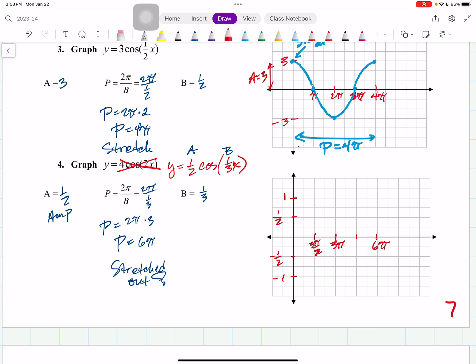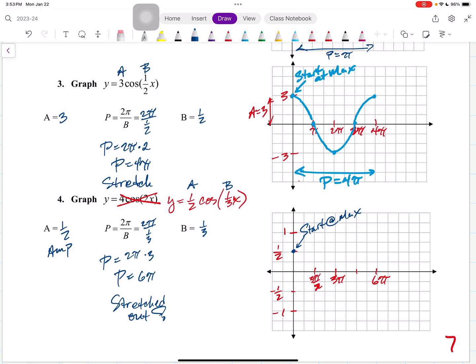Okay, so now we start graphing. So here we go. Now this is a cosine function with an amplitude of 1/2, so it starts here. Start at max, as I said before. So here, the maximum is going to be at 1/2 on the y-axis, and then it goes down to the axis, and then down 1/2, back to the axis, and then up 1/2, and then you curve it.